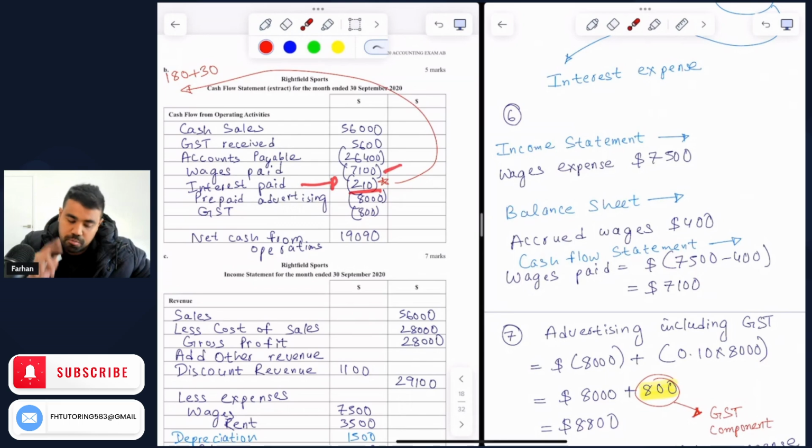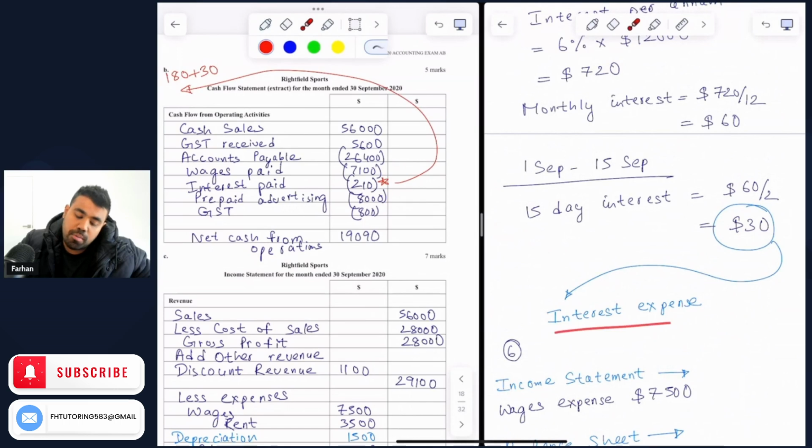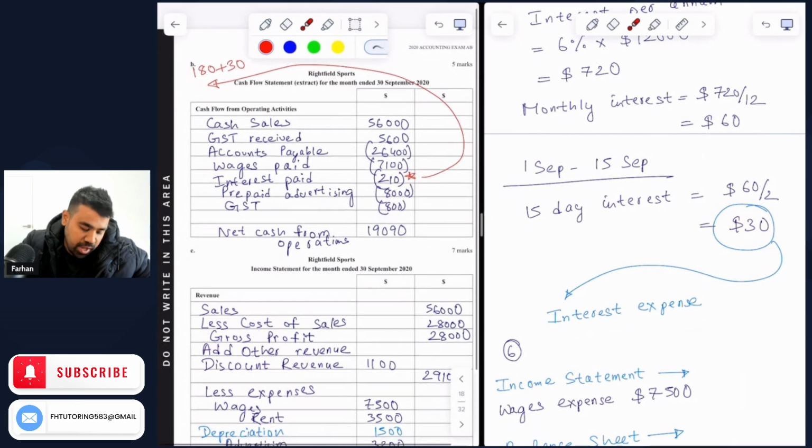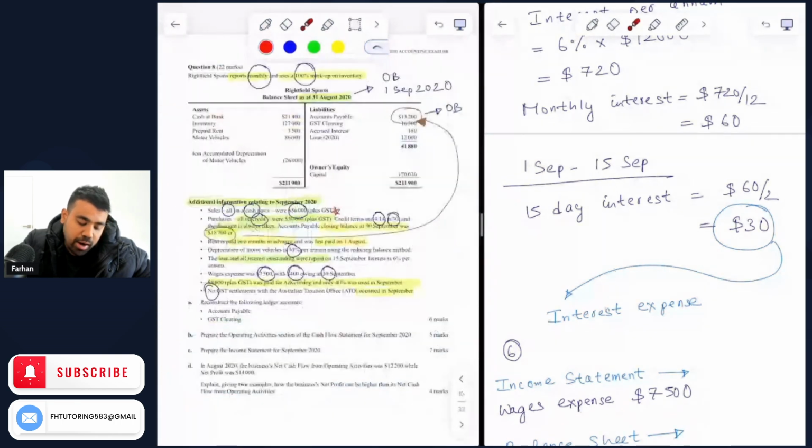Right, so a lot of students made mistakes in this case. You see how we know that the interest expense for the month of September is 30. You also need to include something else with the 30, and that is an additional 180. So where does this come from and why? This 180, if you check the balance sheet for the previous period, you will see we had accrued interest of 180. And then the question mentions that all interests were repaid on 15 September.